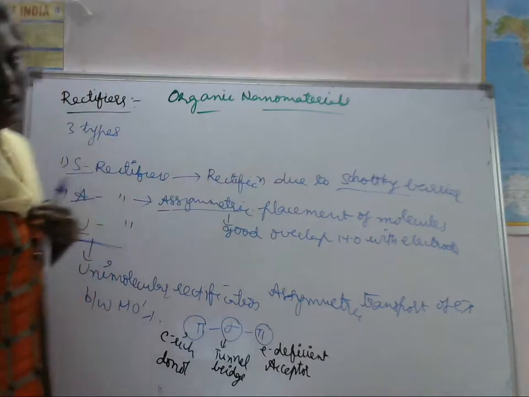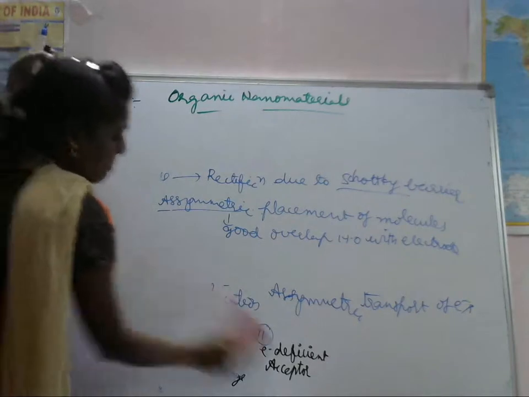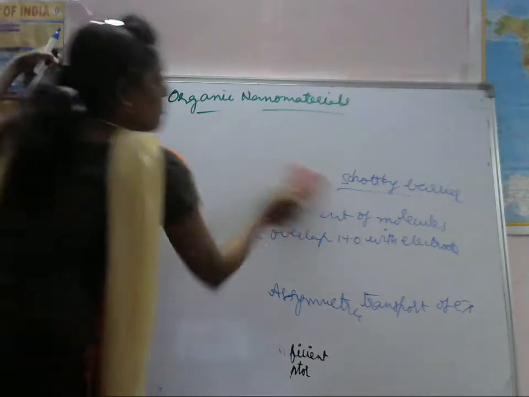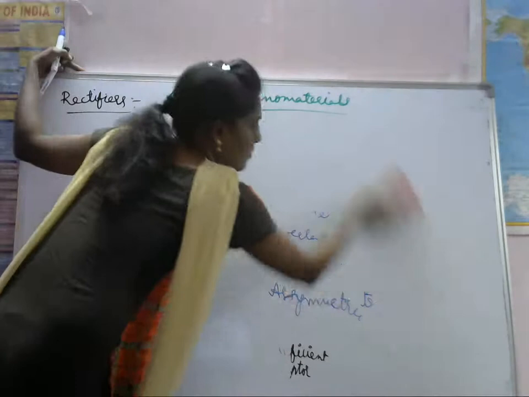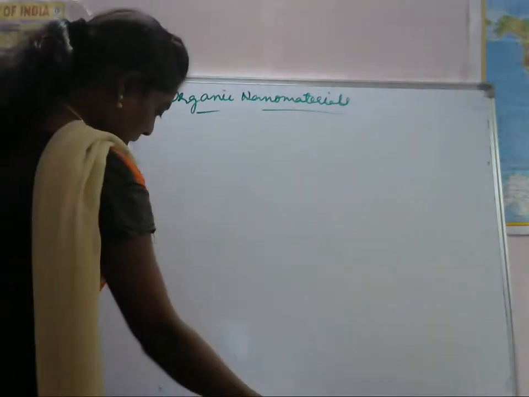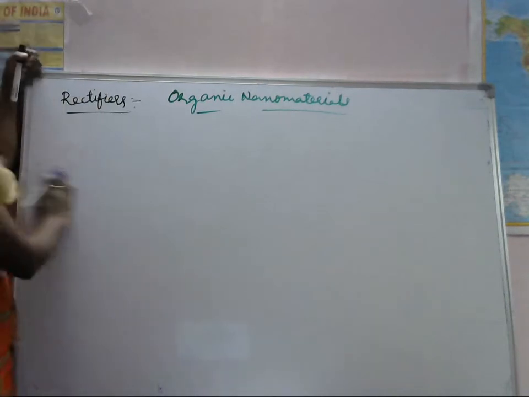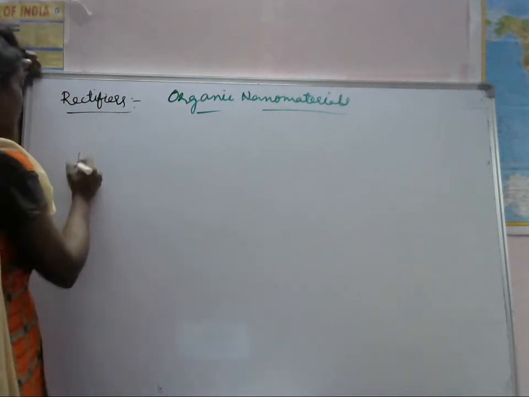Next, let's see one example of how the rectifiers appear.